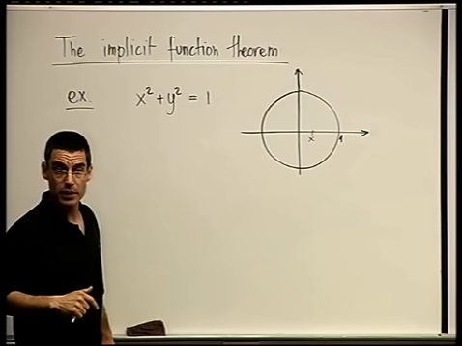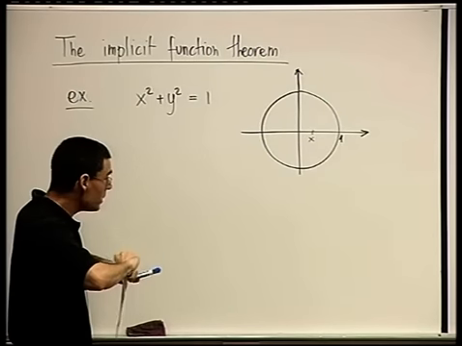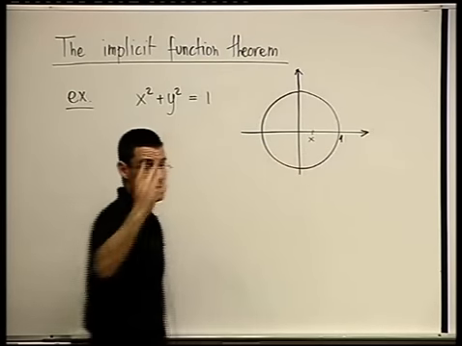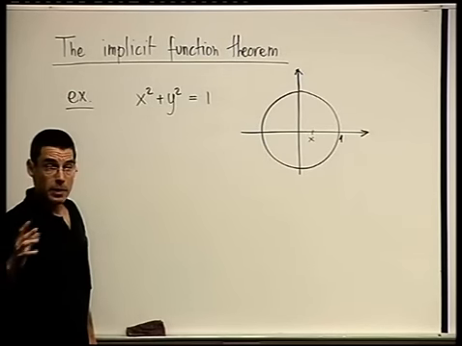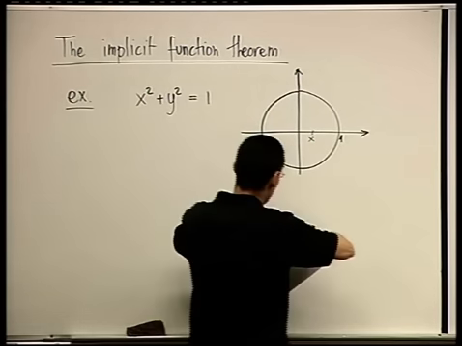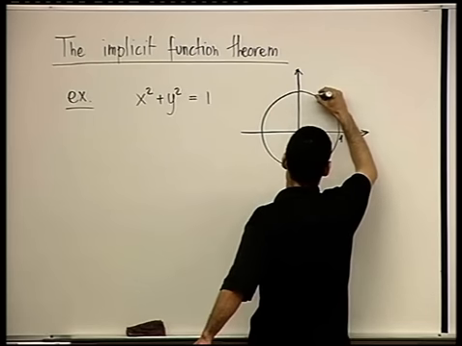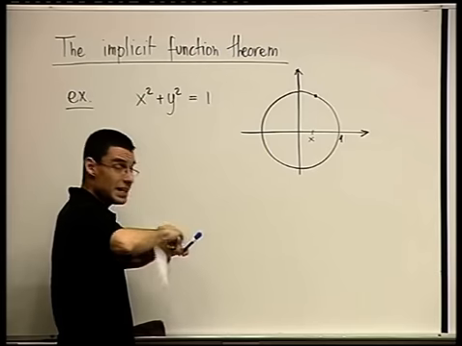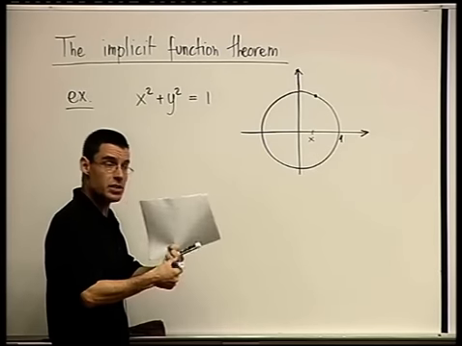It's annoying, right? But it's only not a function if you try to grasp the whole thing as a function. But if you're willing to look locally, for example, look at this point here. Do you agree that in a neighborhood of that point, it is a function?